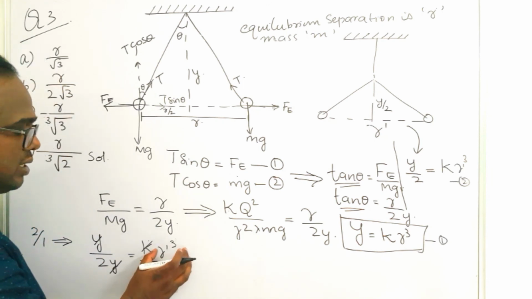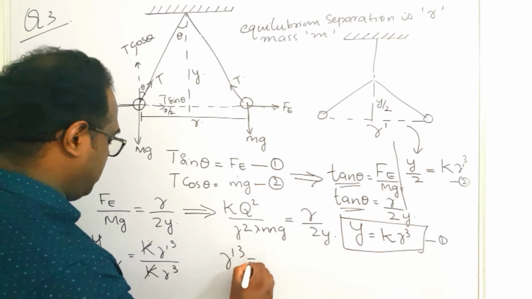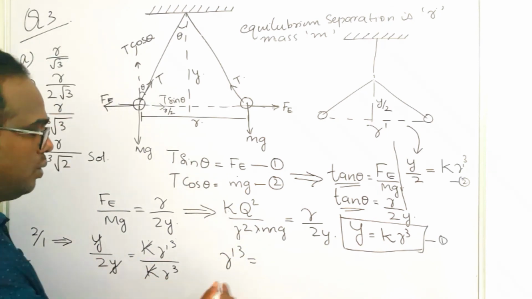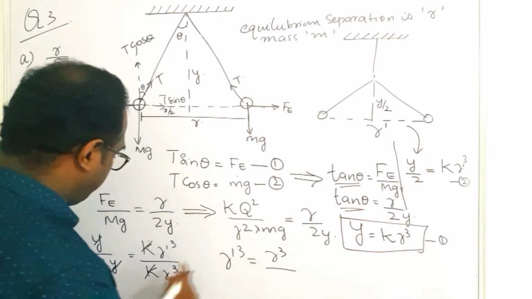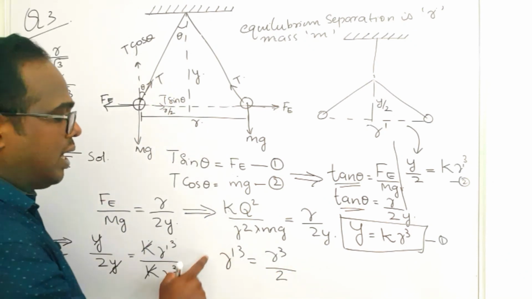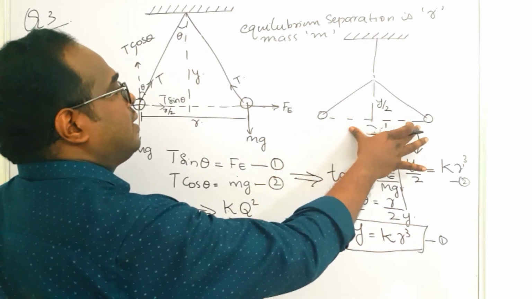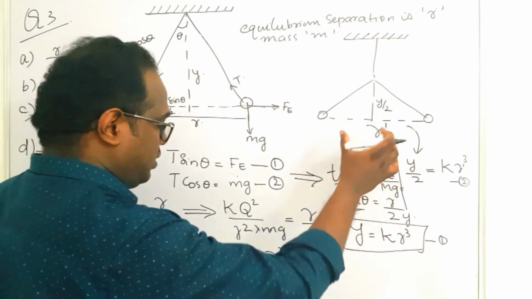Make r dash the subject because we require the r dash value. So r dash cube is equal to r cube divided by 2, correct? We require the r dash value, that is the equilibrium separation.